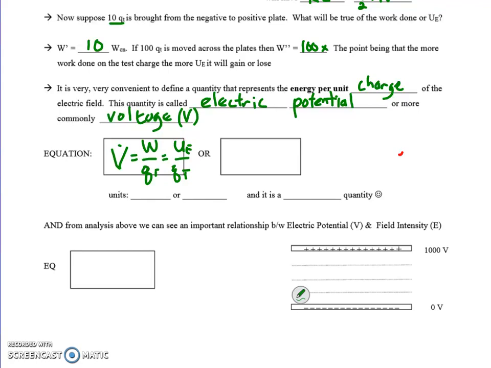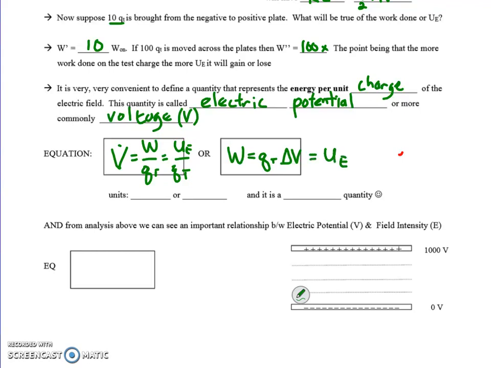So since V is independent of little q, we can rearrange this and say the work done to move a charge in a field equals the amount of charge I'm moving, that's a test charge, multiplied by the potential difference that I'm moving across. Okay, so technically what that should be is not a V, but a delta V, the potential difference. And we could just as well set that equal to the potential energy.